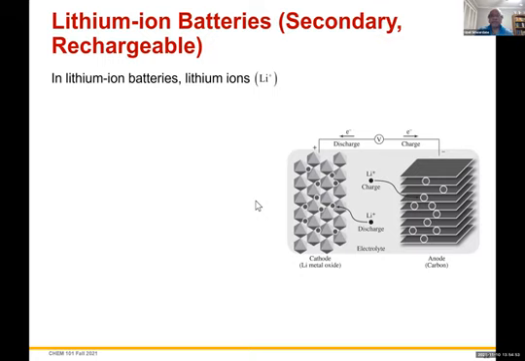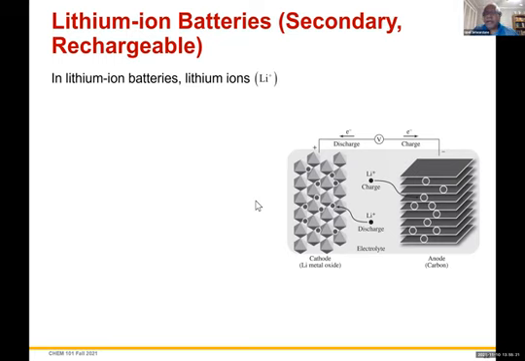One of the most used batteries is the lithium ion battery. Lithium ion batteries have lithium ions on the cathode, made out of cobalt oxide plus lithium. And the anode is made out of carbon graphite layers.